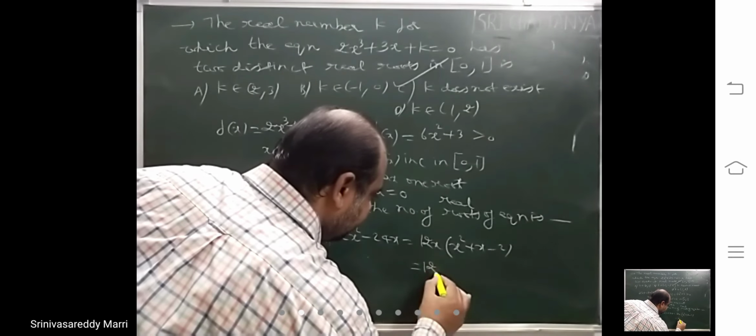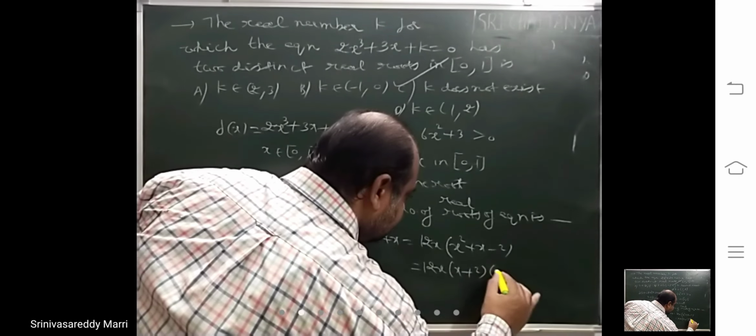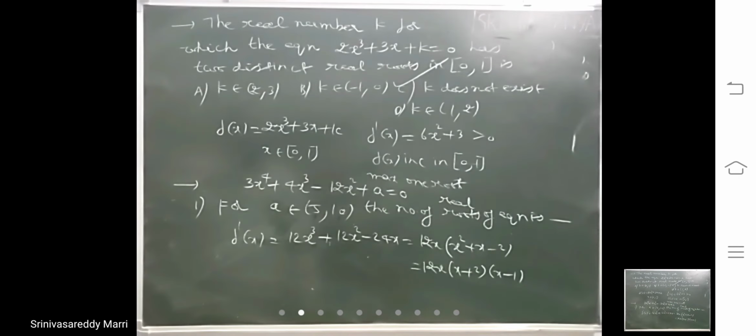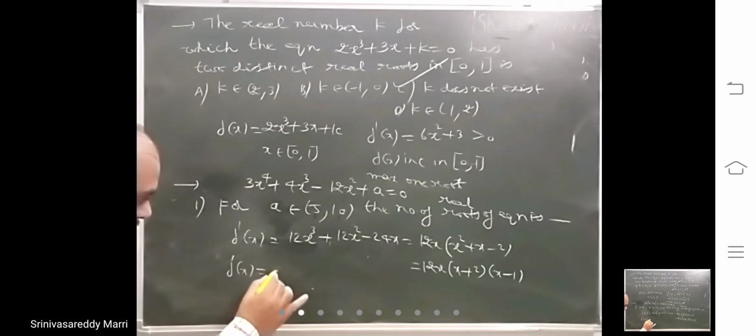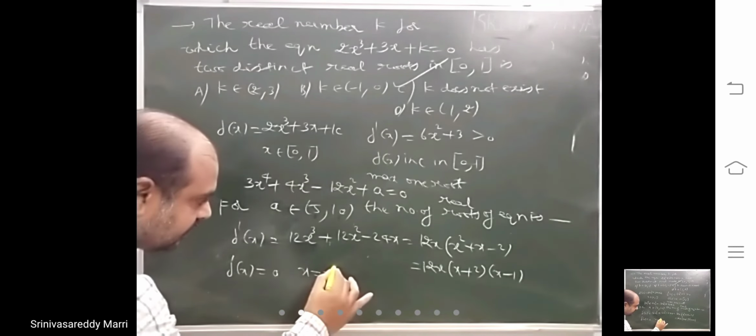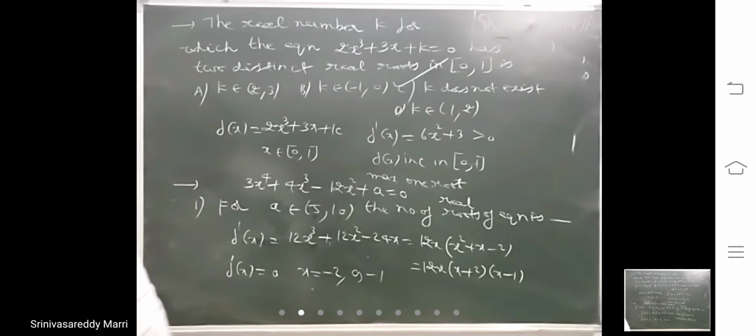That means 12x into x plus 2 into x minus 1. So f dash x equal to 0, you will get minus 2, 0, 1. Right? Look at now.